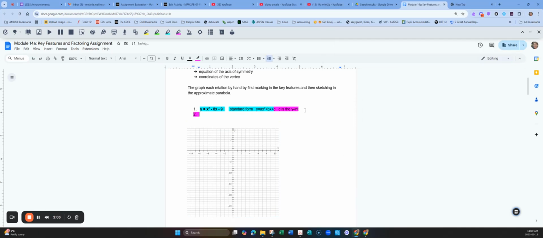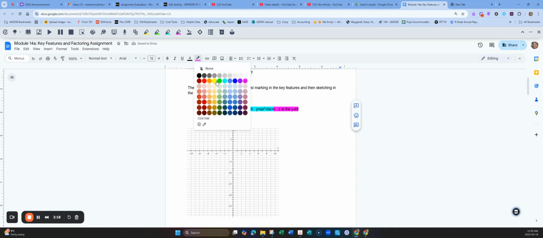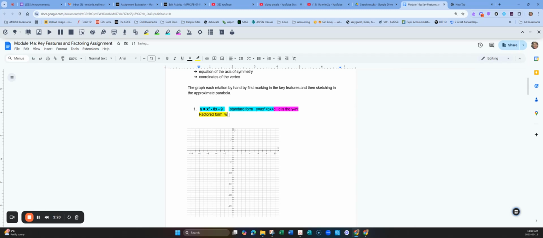So you would say to yourself, if I want to get this in factored form, what multiplies to -9 and adds to -8? Because I've got to get it into x minus something, x plus something.